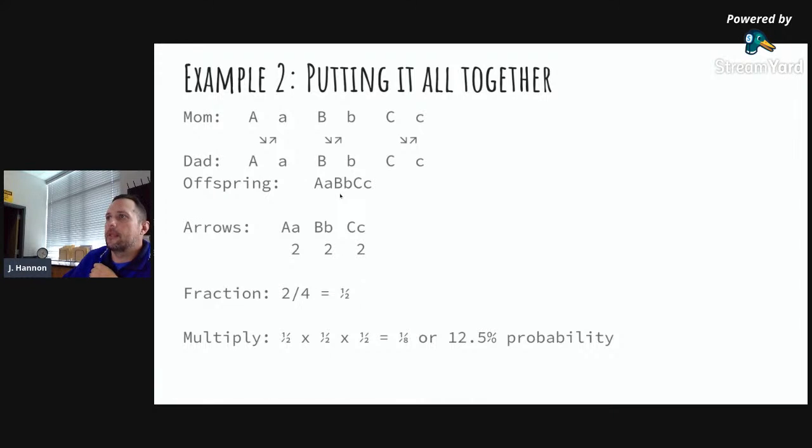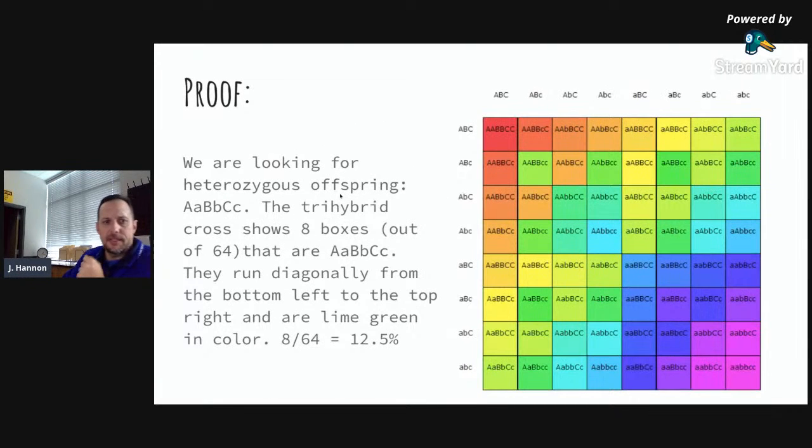Okay? So last thing on this, here's our proof. This is that same Punnett square from earlier, 64 squares in here. If we're looking for the heterozygous offspring, the trihybrid cross shows 8 boxes out of 64 that are heterozygous. They run diagonally from the bottom left to the top right.